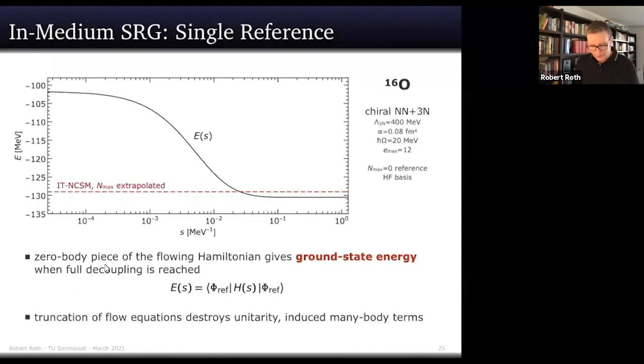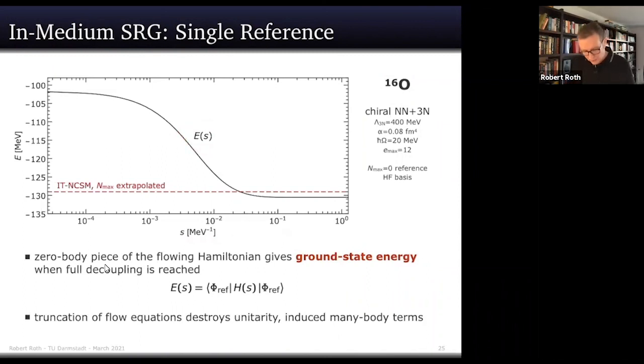And to see what it does, let's just look at a very simple example. Oxygen-16 again. And now I plot here the flow parameter, this parameter that is 0 initially and which runs up throughout my flow evolution. What I plot here is just the value of this zero-body part of the normal ordered Hamiltonian.